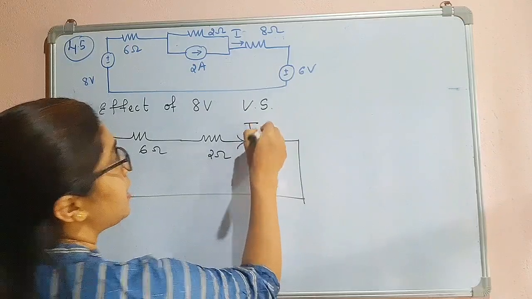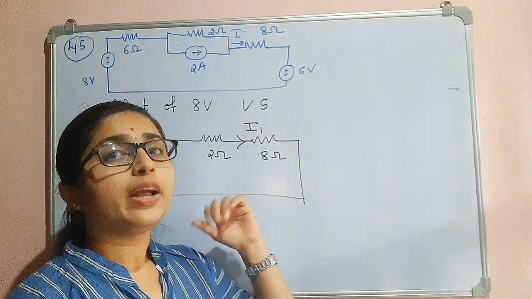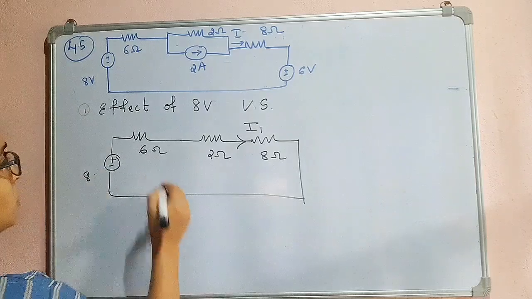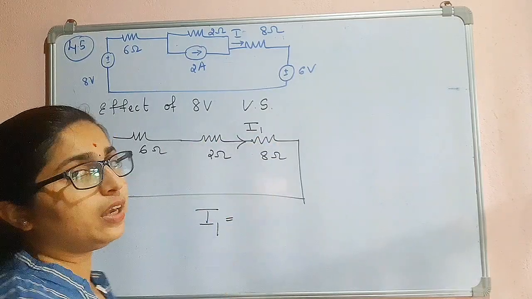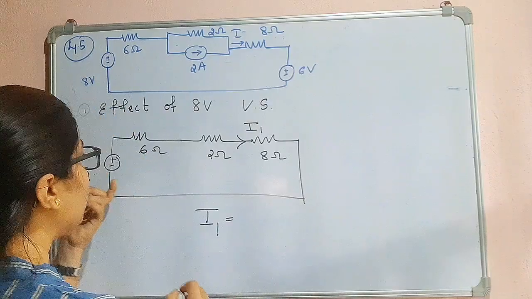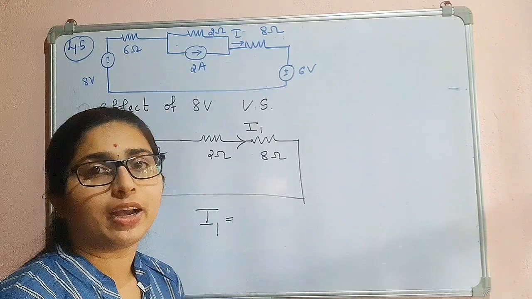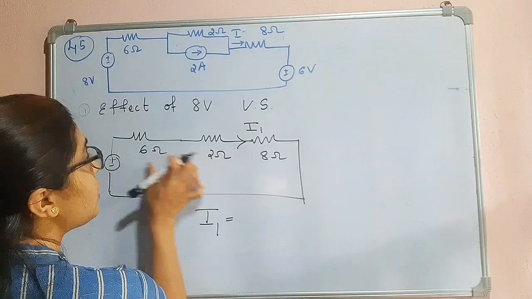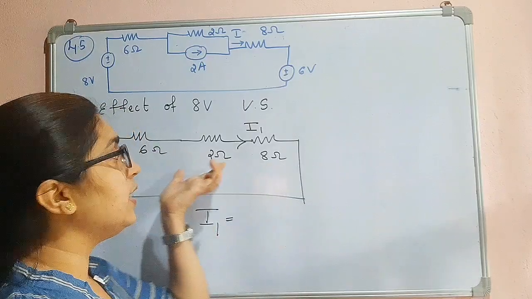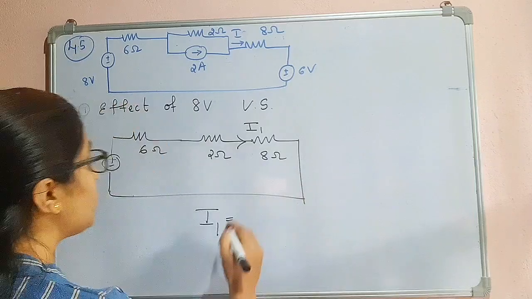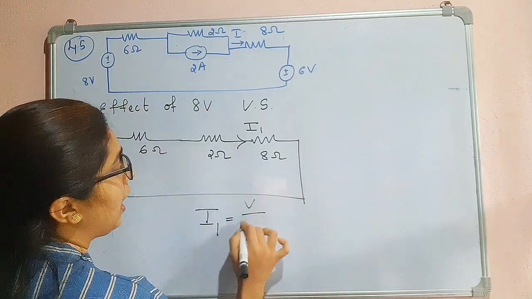I will consider this as I1, that is due to the 8 volt voltage source. What will be the value of I1? Now we can apply Ohm's law, V divided by R. Just don't go and write 8 divided by 8 and 1 ampere. That's not right, because here we have 3 resistors and we have to consider their effect also. So V divided by R equivalent.